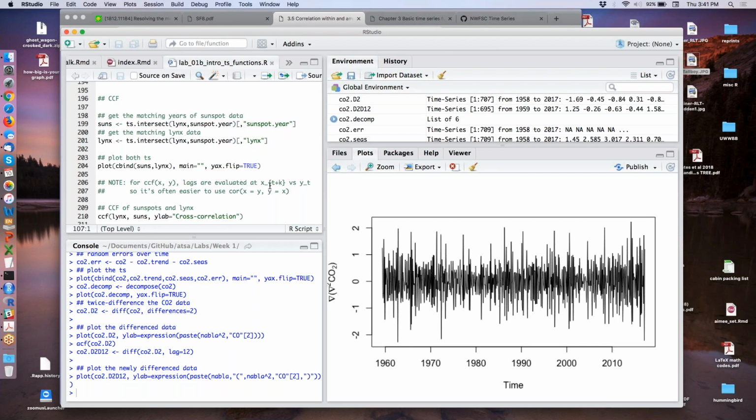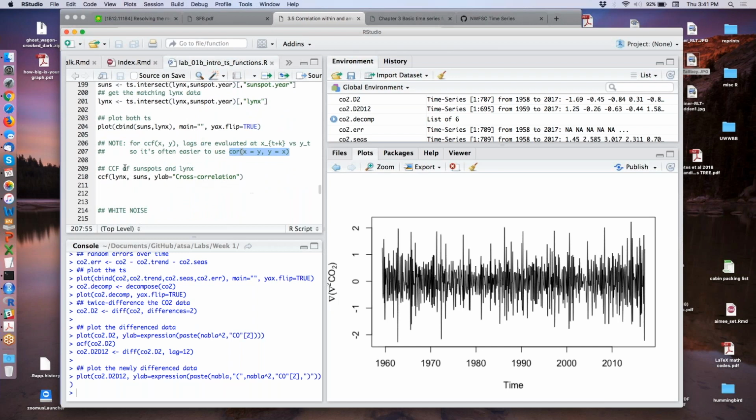For me, if I'm thinking about a cause and effect thing, that's really difficult to deal with. So this would be the way I would be inclined to call this: tell it that what you want is Y, and what it wants is X. So that's why I do it this way.